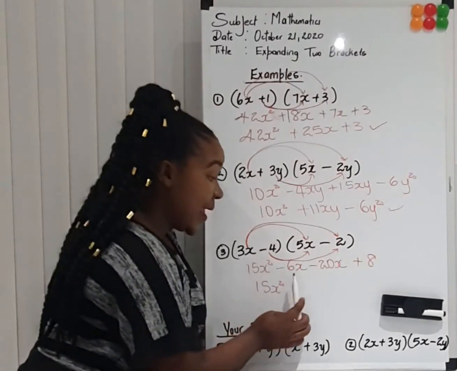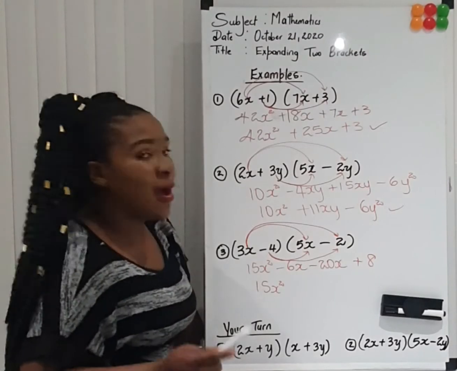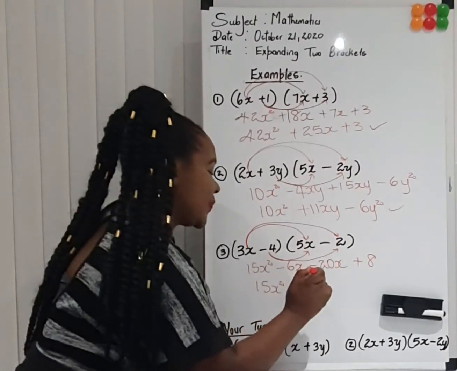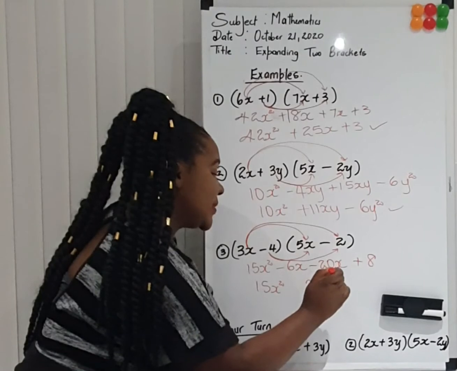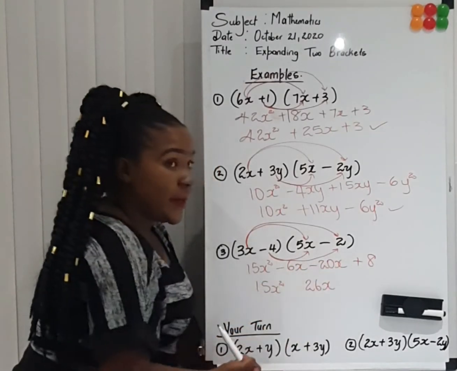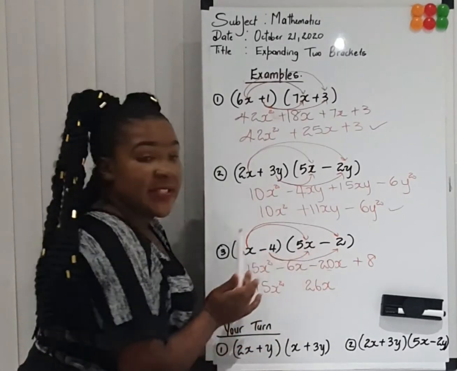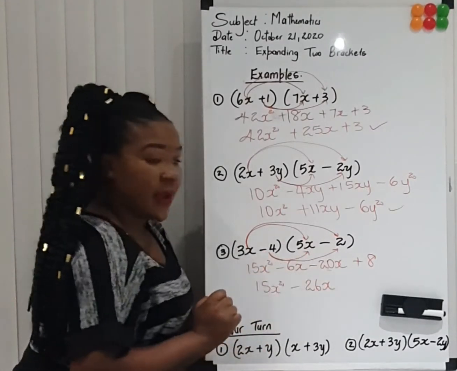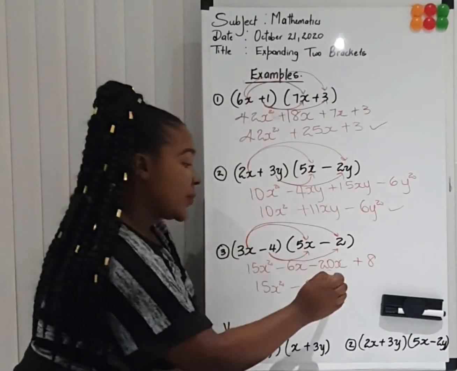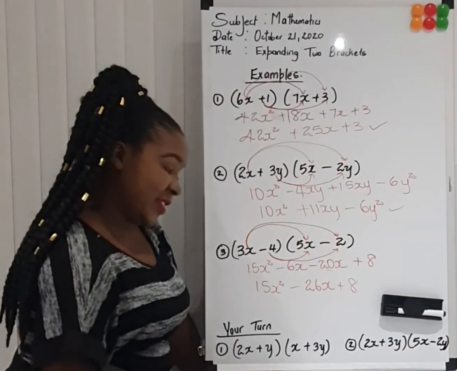So we add 6 plus 20, and that's 26. So I have 26x, and we look for the number that appears the largest. The 20 appears the largest, so whatever sign is in front of it, we put it there, and that's a negative. And we put our plus 8 at the end. Good, good.